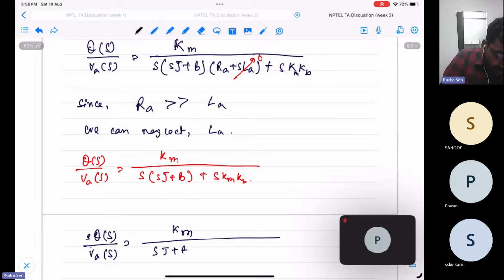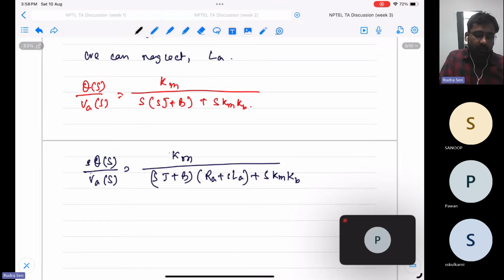This term is a second order term. When we find the transfer function of the speed of the motor with armature input voltage, it will always give you a second order system, right?